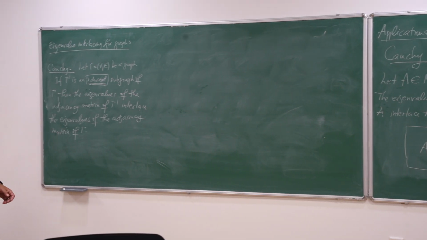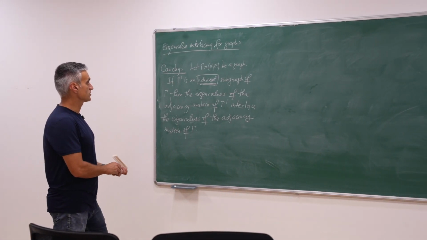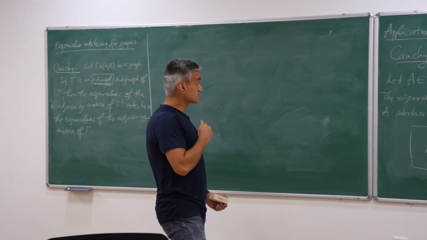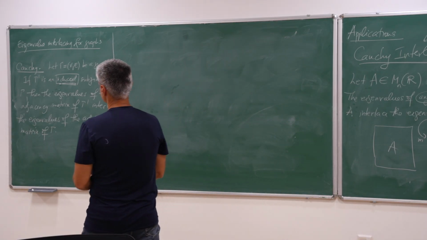Okay. So that is one, for graphs. And then the second one is called Haemers interlacing.